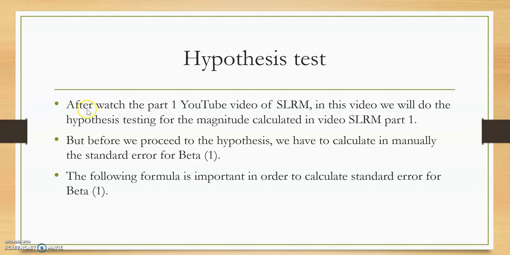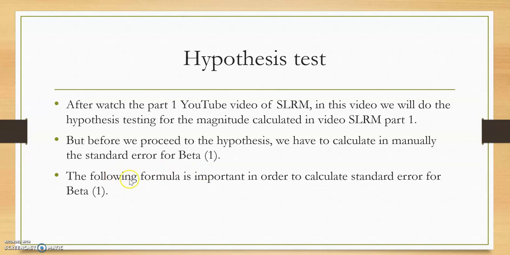After watching the Part 1 YouTube video of SLRM, in this video we will do the hypothesis testing for the magnitude calculated in SLRM Part 1. But before we proceed to the hypothesis, we have to manually calculate the standard error for beta 1.